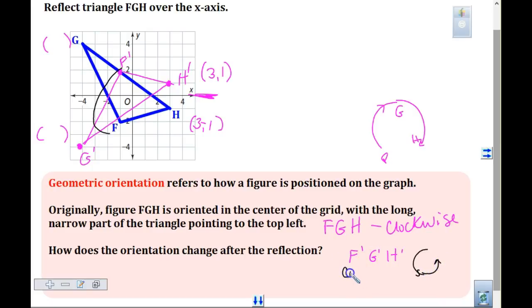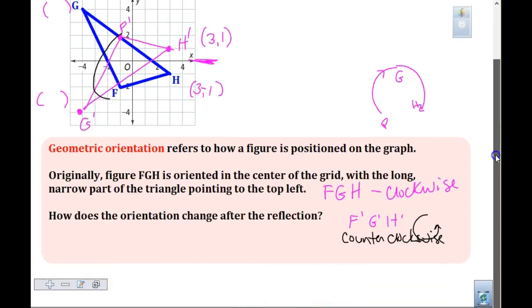That is counterclockwise. And here's the thing I want you to remember as you do this. The only transformation that is going to change the orientation. How does the orientation change in this reflection? It switches. That's the easiest way to put it.